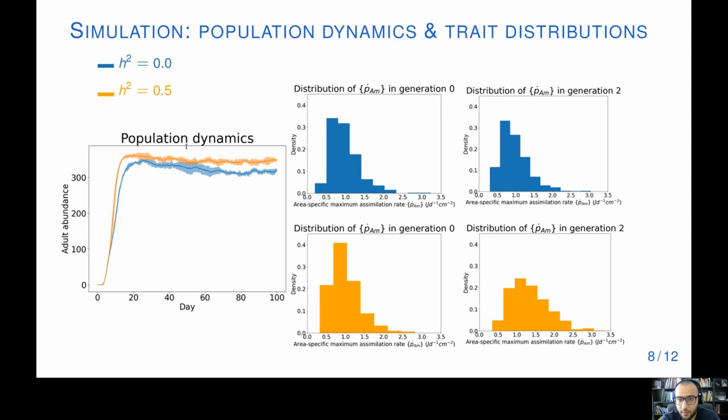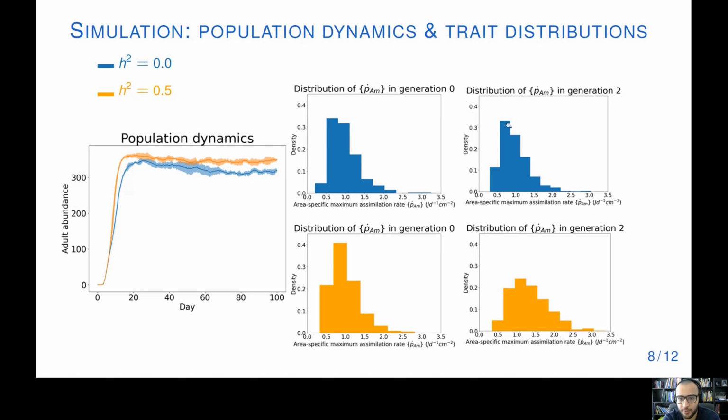So these simulations show the following preliminary results with regards to the eco-evolutionary dynamics. The plots in the blue colors denote the scenarios without heritability, while the orange color points towards a scenario with 0.5 heritability. So if you focus on the plots on the right, we can notice the impact of ecological processes on evolutionary dynamics. The distribution of PAM in generation 0 is log normal with a mean and a certain specific standard deviation.